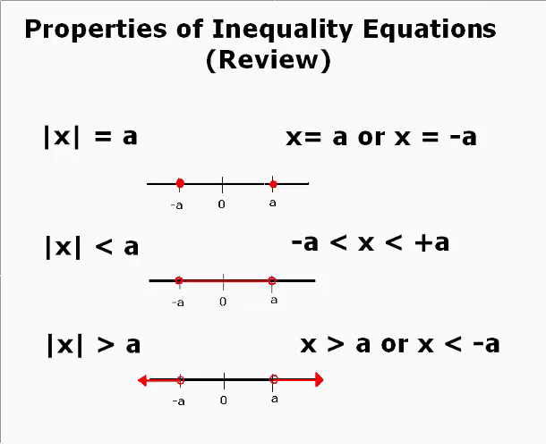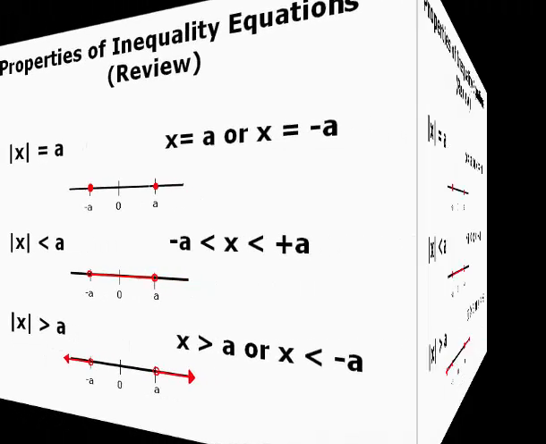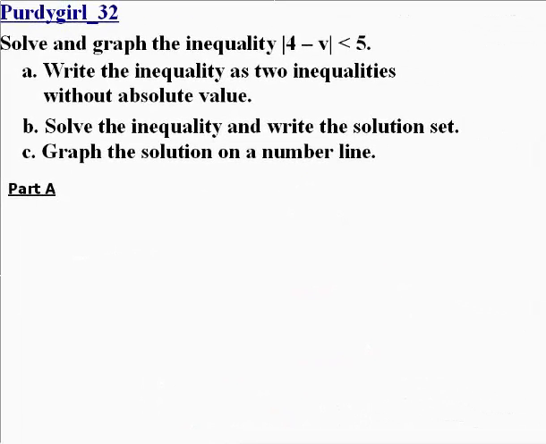Now that we've reviewed some of the properties of inequality equations, we can go back to Pretty Girl 32's question. Part A asks us to write the inequality as two inequalities without absolute value, where the inequality states that the absolute value of 4 minus v is less than 5.